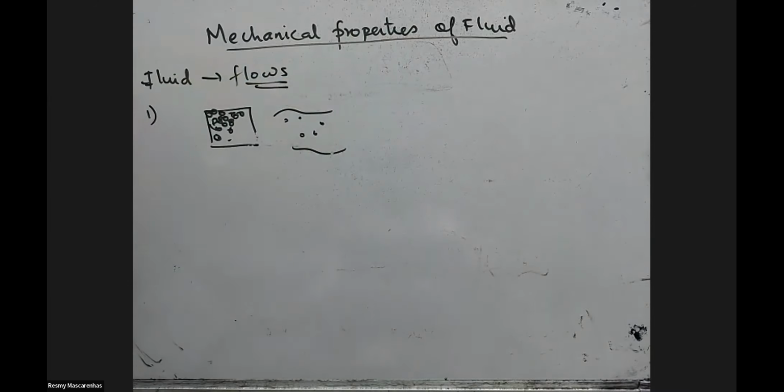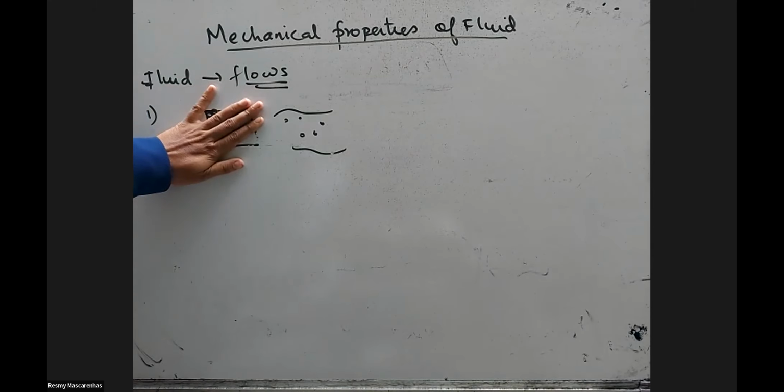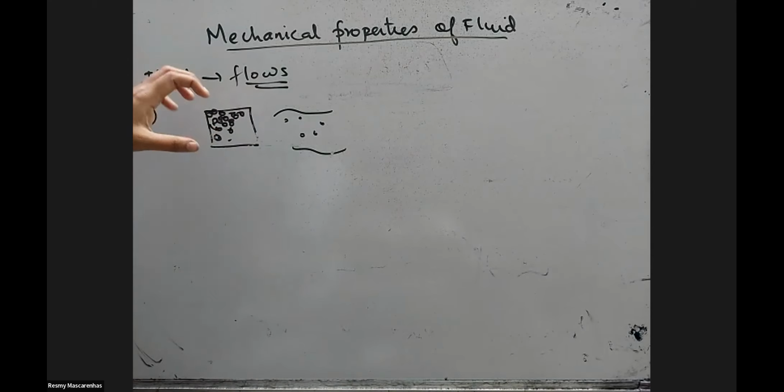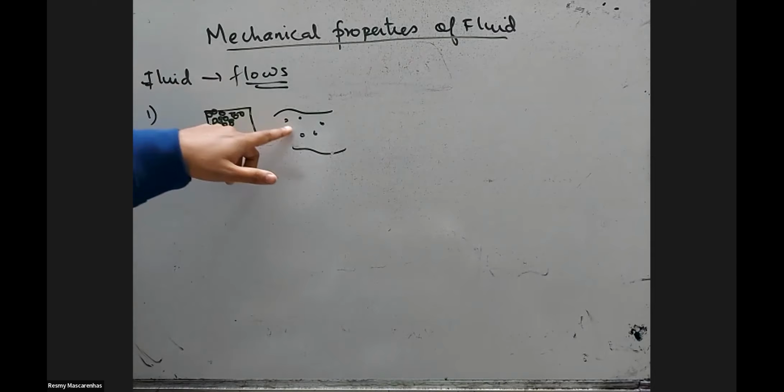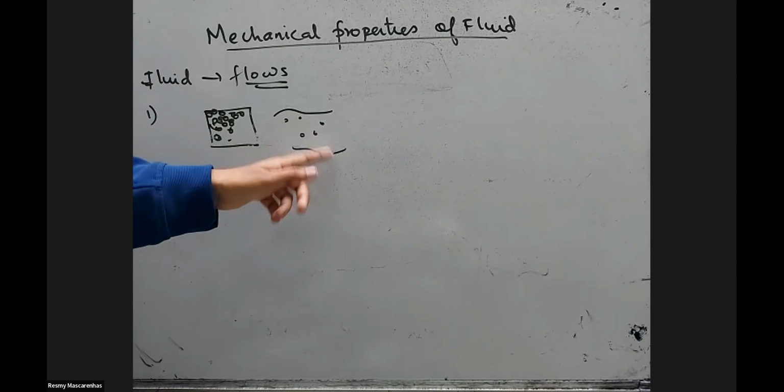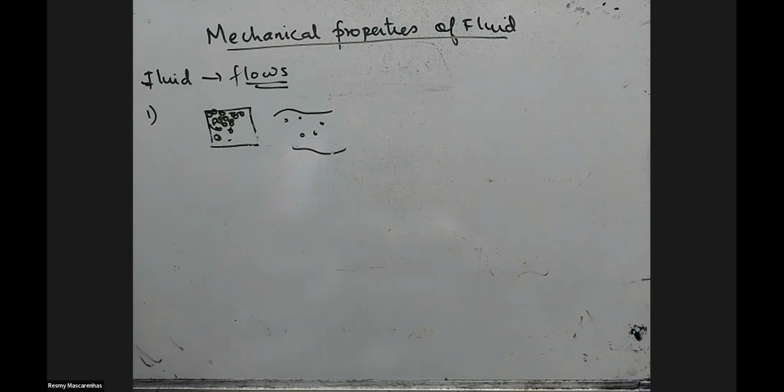That's why they can move easily compared to a solid. In solids, they are very densely packed. That's why the solid will not easily move unless you put some pressure. But a fluid will easily move because the atoms or molecules are loose.